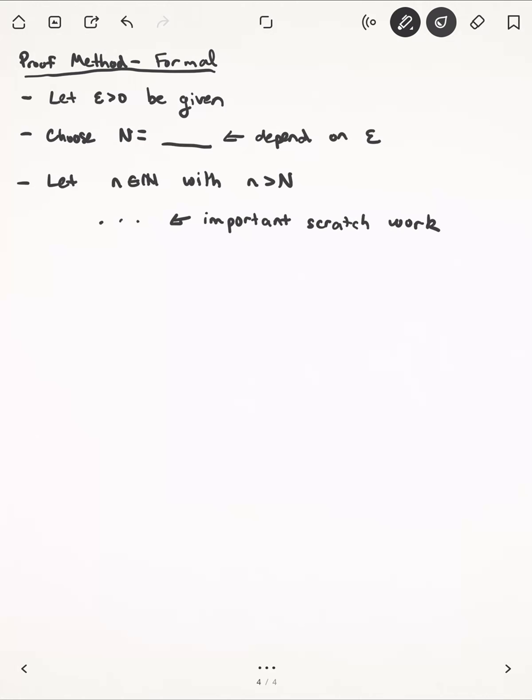And then after you do the scratch work, you conclude, therefore, the absolute value of x_n minus L is less than epsilon. So the limit as n goes to infinity of x_n equals L. So any proof showing the existence of a limit and showing that the limit of a sequence is L must be written in this format.